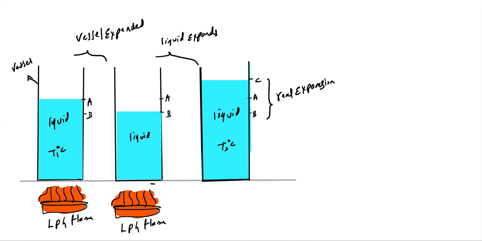And what we see, the AC, is the apparent expansion of the liquid. The real expansion will be from B to C.